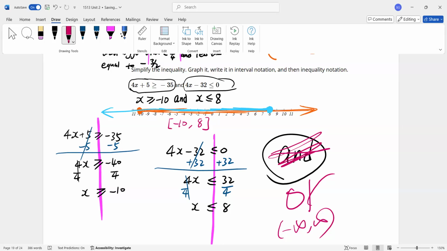Some part has both colors, some part has red only, some part has blue only, but the whole real number line is covered by the colors. So if the logical connective in the middle is not AND, instead is OR, your solution set will be totally different. It's going to be all real. Is that clear, everybody?